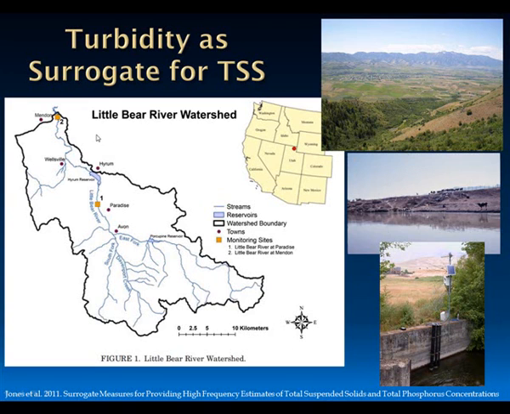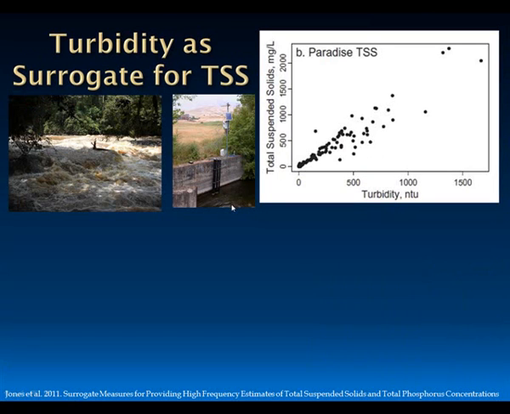Two of them are talked about in this paper, with the headwaters being more forested and downstream being more ag-influenced. And so they have gone out and collected sediment samples at the same time, at the same site, where this sensor is measuring turbidity continuously every hour or something.